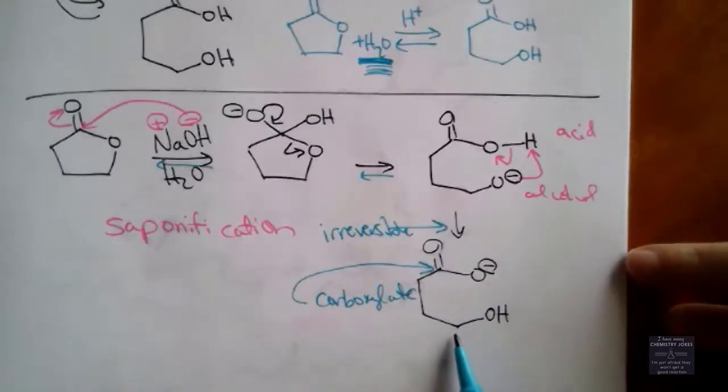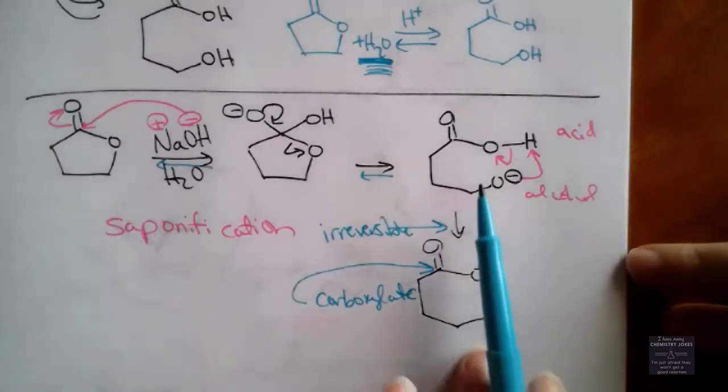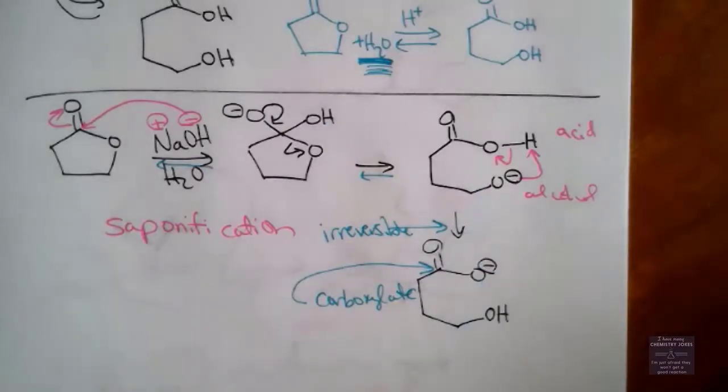Equilibrium favors this product so heavily that we say it could never go backwards to this protonation state. So there are practical advantages to using acid over base when you are in the lab trying to do this experiment, like the Fischer esterification lab that we missed previously.